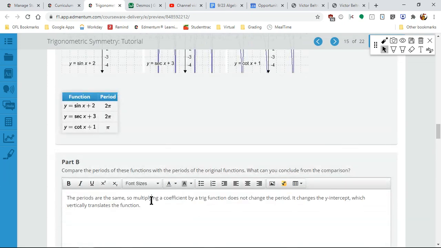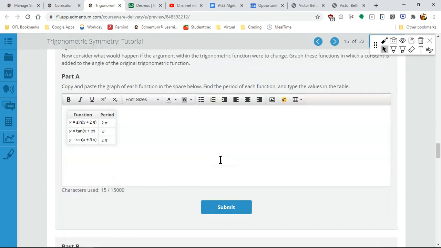So adding a coefficient to a trig function doesn't change anything, only changes it vertically.